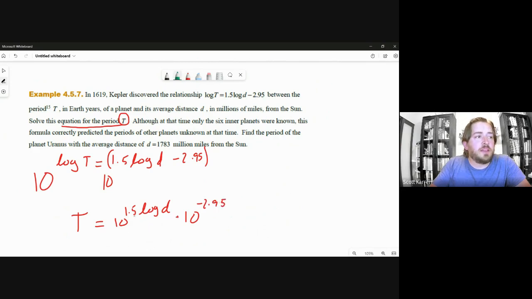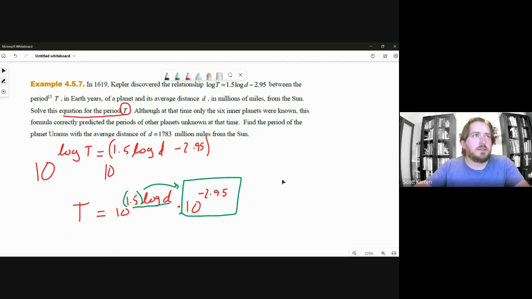So I'm going to simplify this a little bit. In this log, in the exponent here, I'm going to take the 1.5 and move it up as an exponent. And then this 10 to the negative 2.95 is just some number that I can evaluate in my calculator.